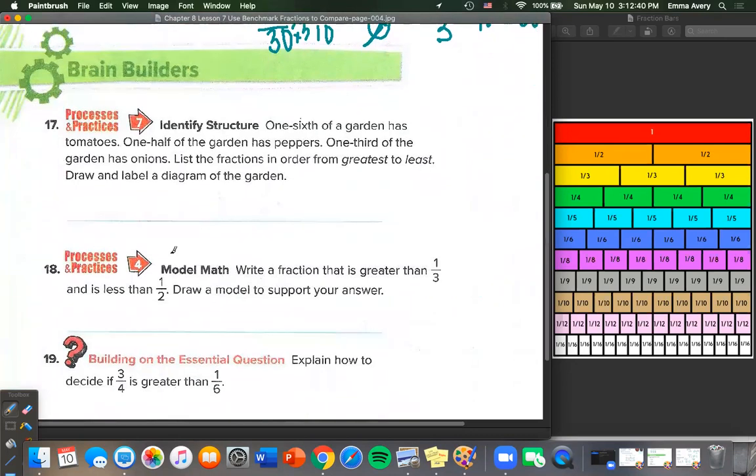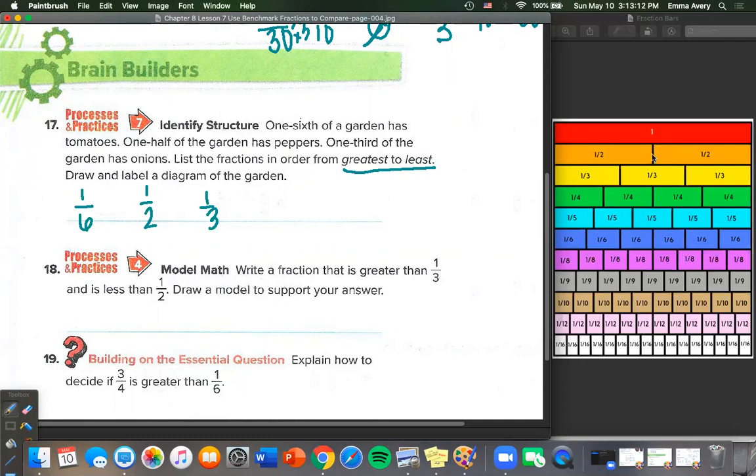Okay. 1/6 of the garden has tomatoes. 1/2 of the garden has peppers. 1/3 of the garden has onions. List the fractions in order from greatest to least. Okay, so we have to do greatest to least. So 1/6, 1/2, and 1/3. Well, we can first use our chart over here as our number line. So we have 1/2 kind of in the middle here.